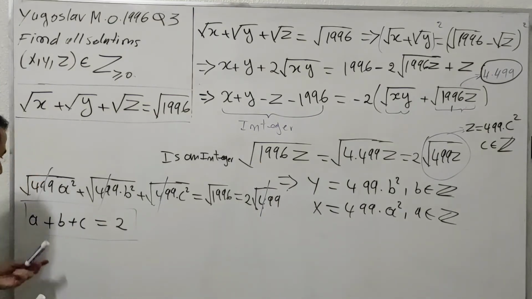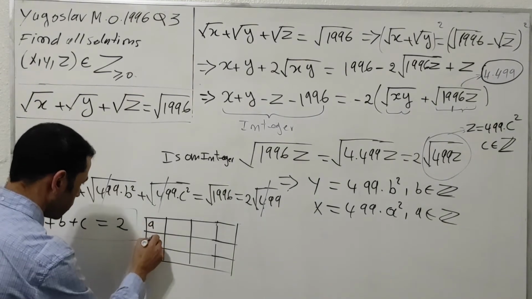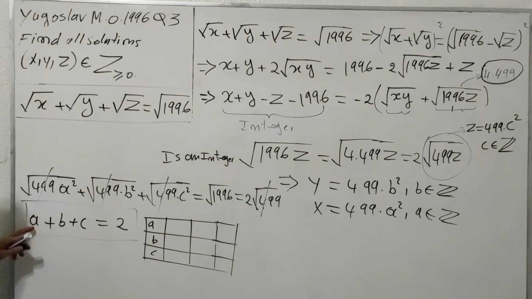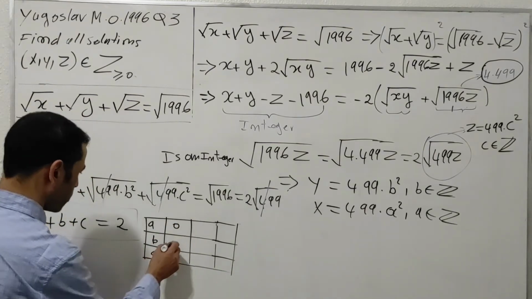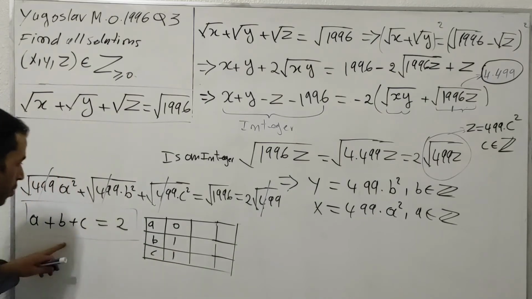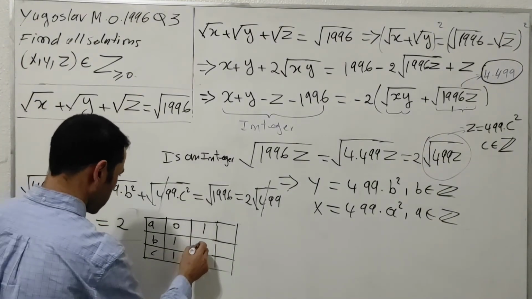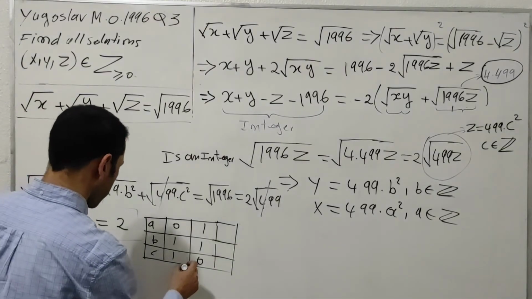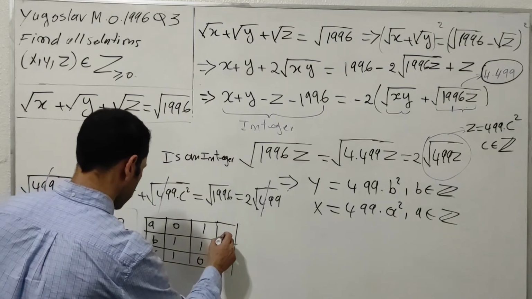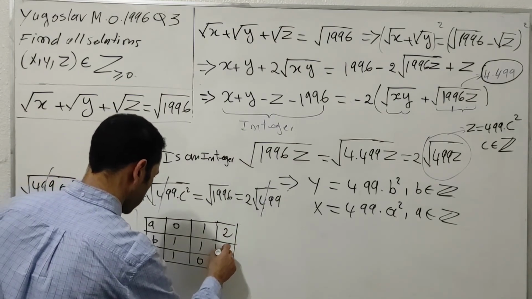So I'm going to find a, b, c. I'm going to make the chart here. I will have a, b, c. When a is taking 0, that means b is taking 1, c is taking 1. When a is taking 1, that means b is taking 1, and c is taking 0. When a is taking 2, that means b is taking 0, and the other one 0.